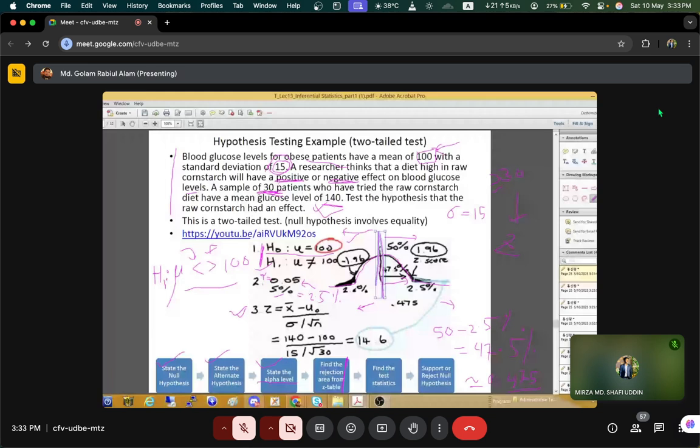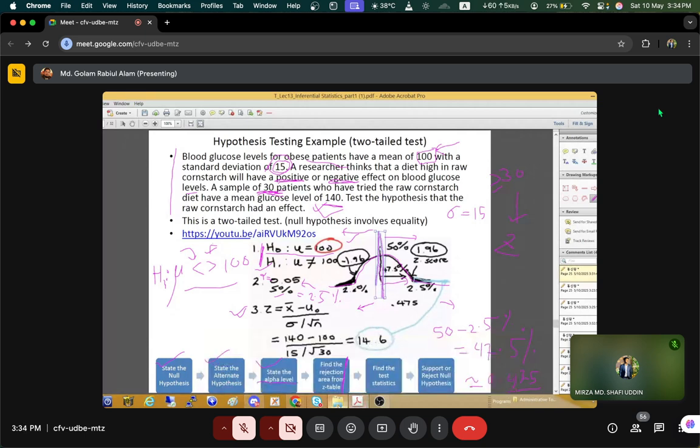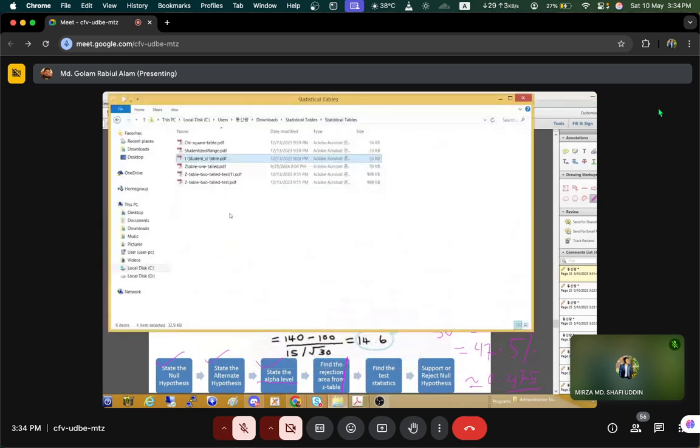So that's why we have to find the G score for that using the table. We have already determined these values, and now we want to find the G score here in the two-tailed test.